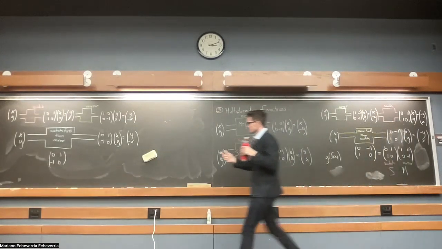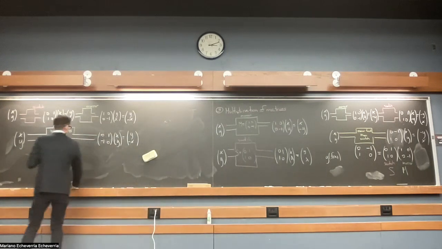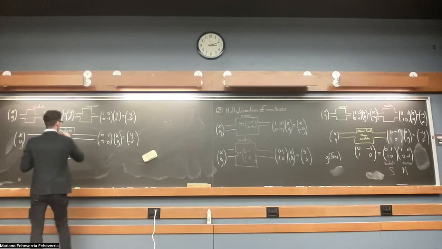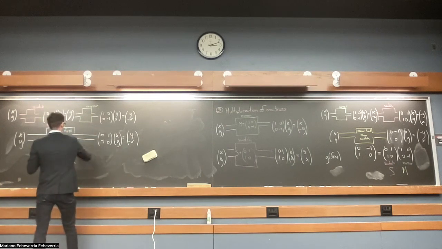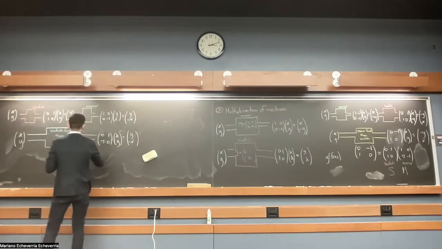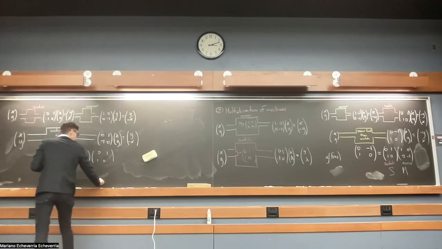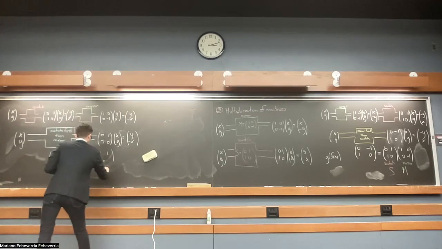So this will correspond to 0, 1, 0, -1 times 0, 1, 1, 0, because here you were doing the switch first and then the mirroring.